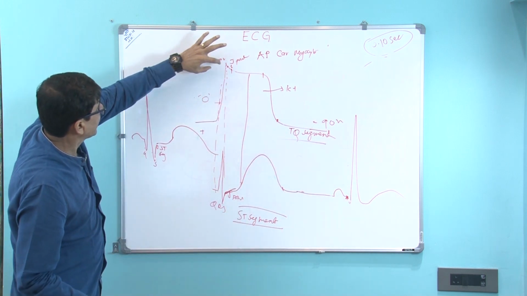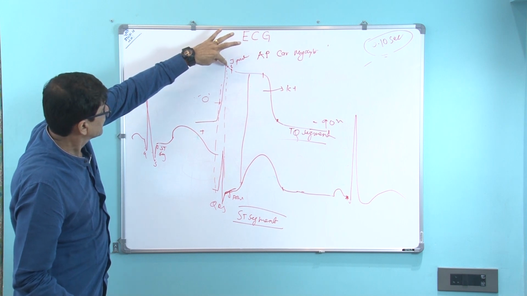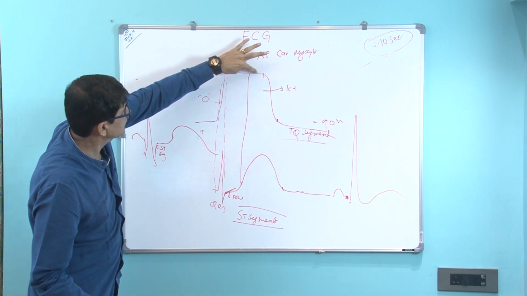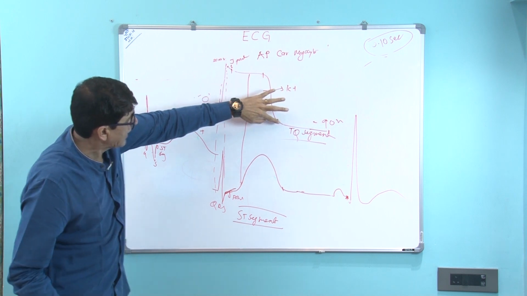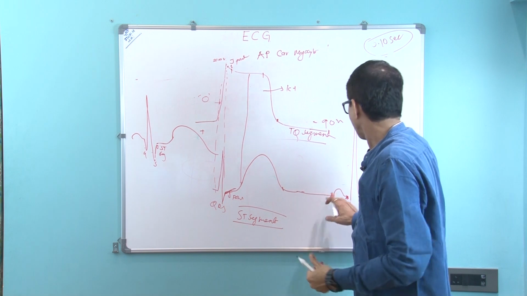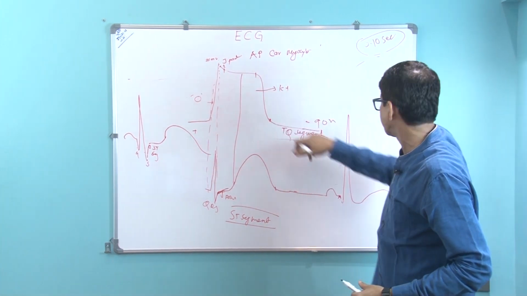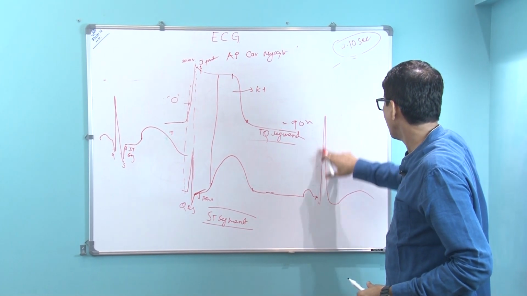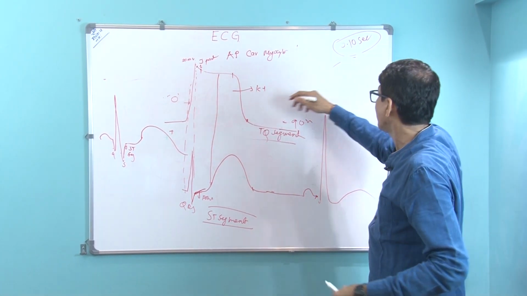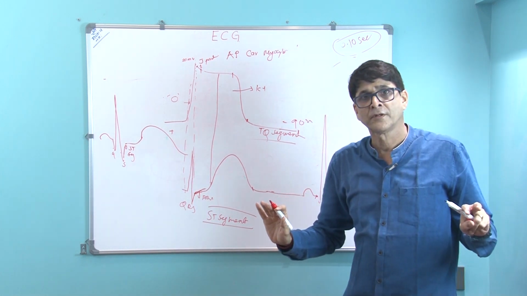So phase 0, when there is depolarization, is QRS, then J point, ST segment, T wave, and this is the TQ segment. Again a new cycle will start from here, QRS. The next action potential will start from here. Understood? Okay.